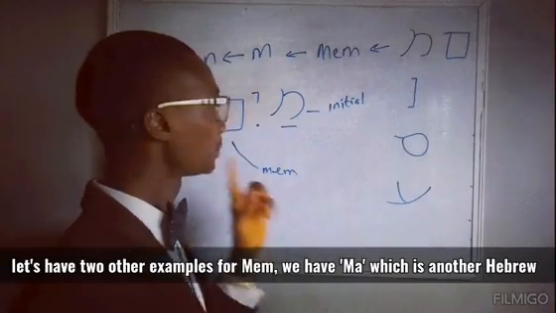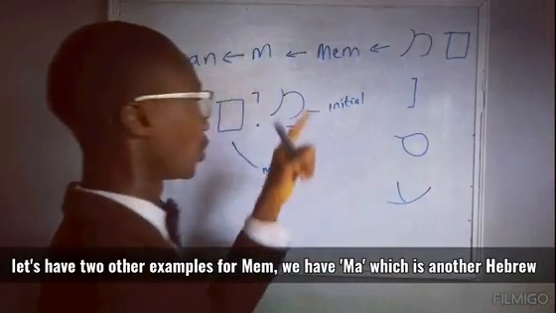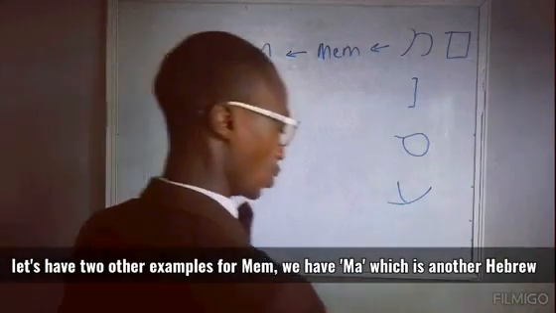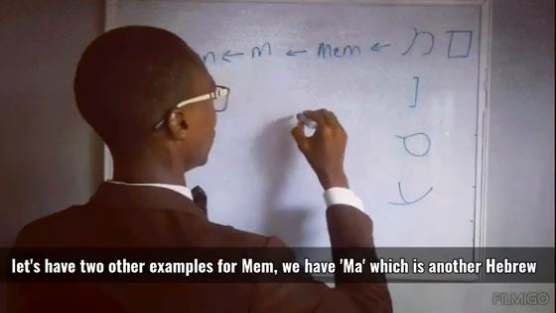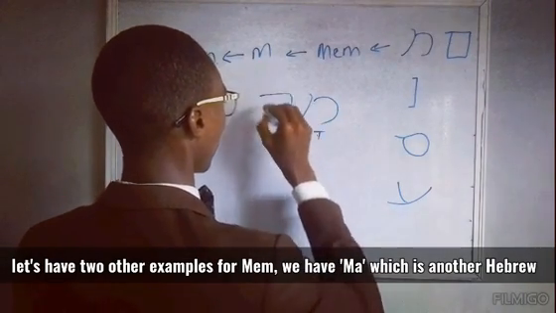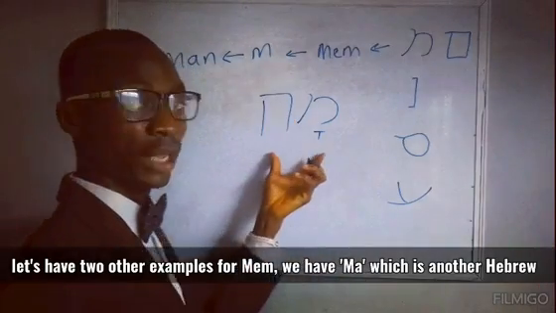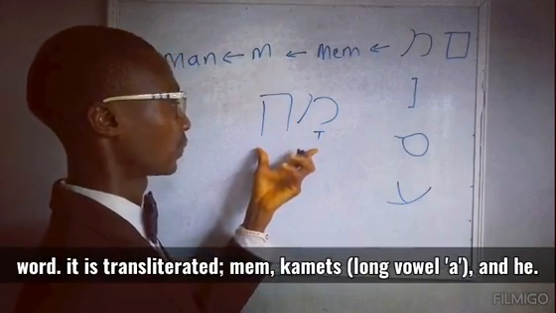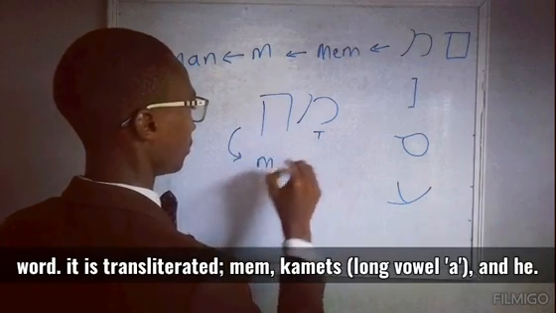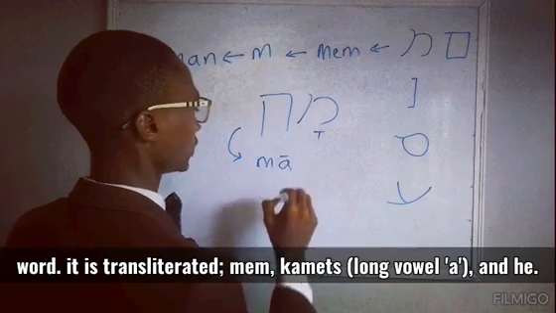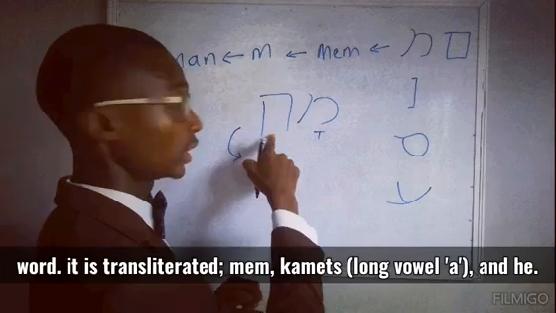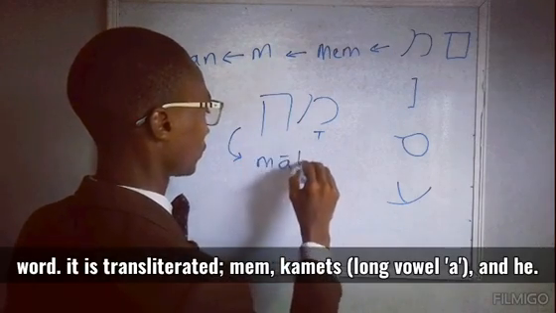Let's have another example for Mem. Now we have Ma. This is another Hebrew word, Ma. It is spelled Mem, Kamets, that's the long vowel A, and He.